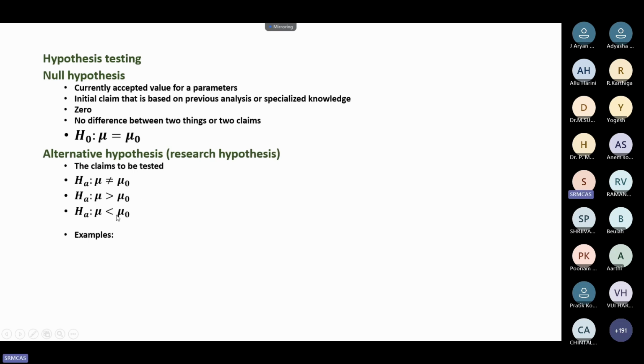All these three conditions show that the alternative hypothesis is stated in inequality conditions. Anyway, the value under the alternative hypothesis is not equal to the value under the null hypothesis.